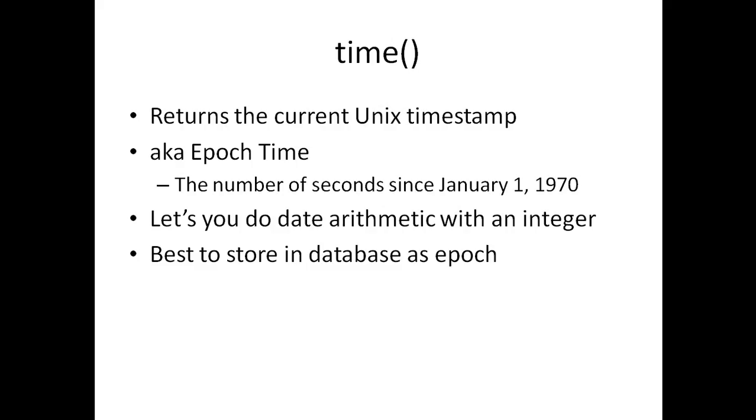When I converted it to a MySQL database, I converted it literally, and it actually makes the MySQL code a lot more complicated because you have to do a lot of string to date casting and that kind of thing. So it's just a lot more efficient and better to store all dates in a MySQL database as a Unix epoch. So time will get you the current Unix epoch.